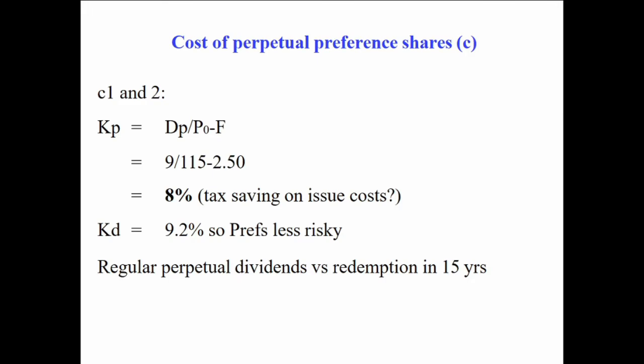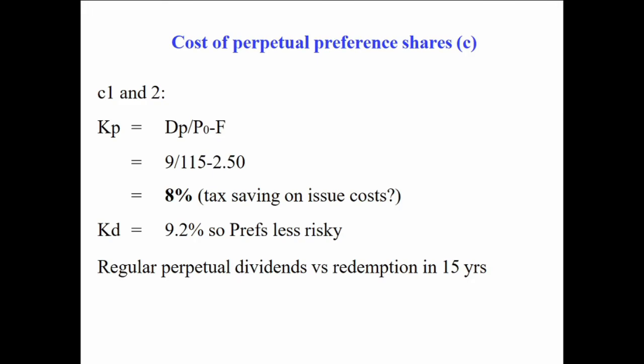If we look at C1 and 2, they are asking us what is the firm's cost of preferred stock, and then is the firm's preferred stock more or less risky to investors than its debt. If you look at the third point, the current price of the firm's perpetual preferred stock is 115 Rand, with a par value of 100 Rand and a dividend rate of 9%.